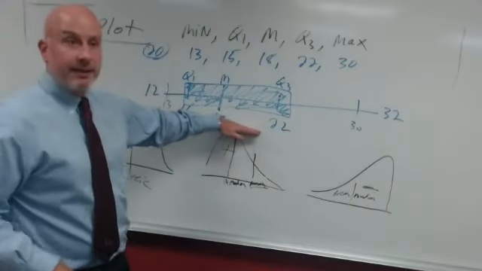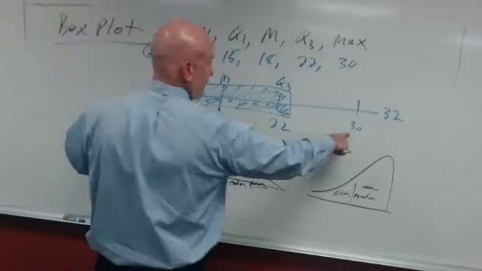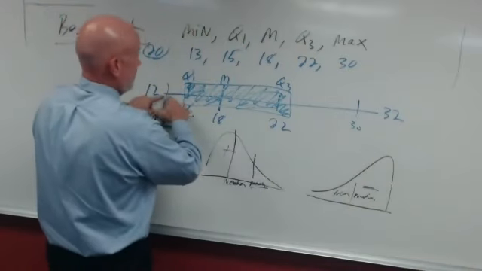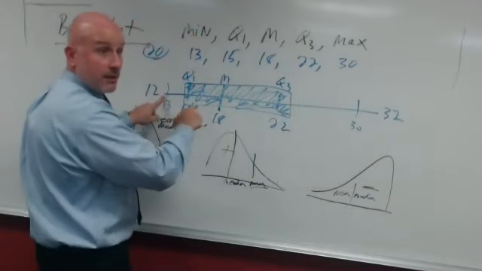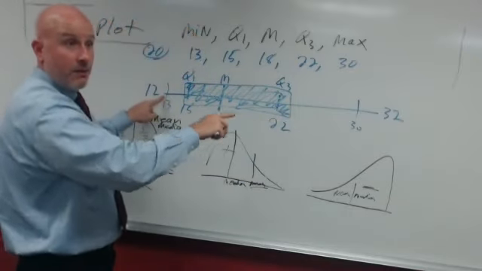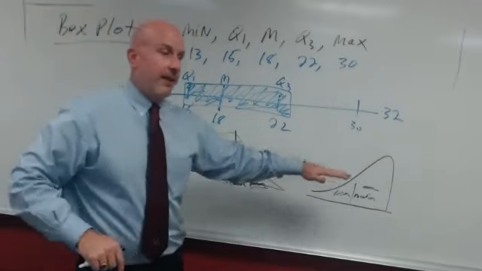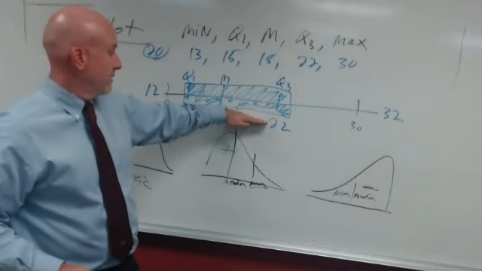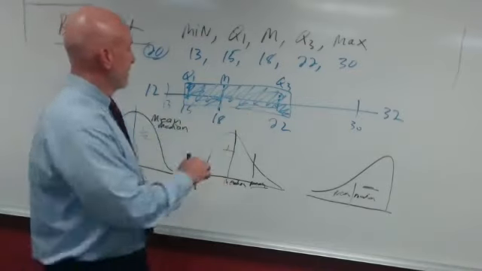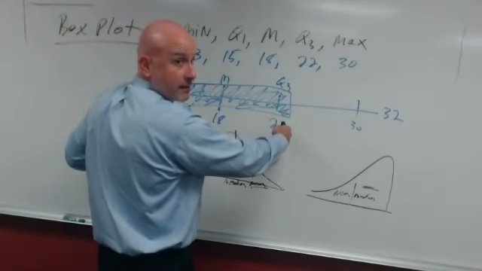Now go back to this example. If I graph this, I go from 13 to 30. Where is a majority of my data? Which type of description down here would you assign it to? How is this data skewed? Positive. This is a positively skewed box plot.